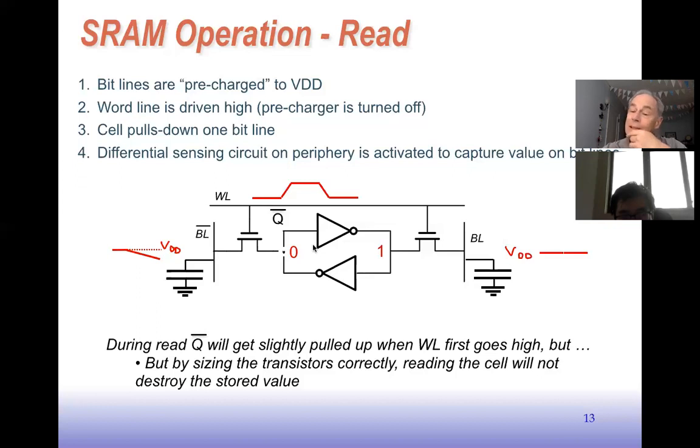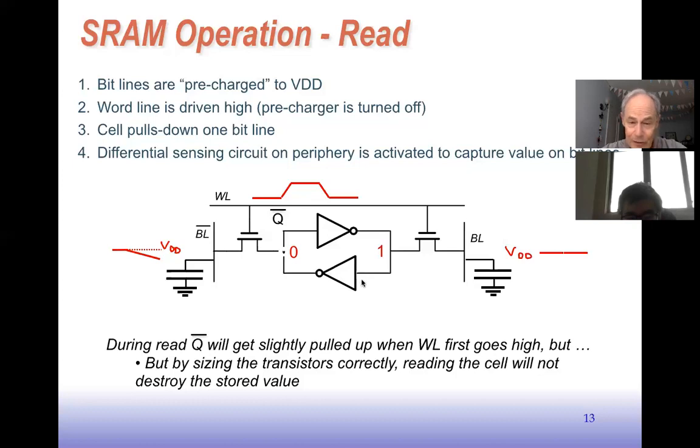So when the circuit's designed, we have to size the transistor so that little voltage bump will never exceed the threshold of this inverter here. If it does, it'll flip that inverter, and then the whole cell will accidentally flip. We don't want to flip the value stored in the cell in the process of reading it. Right?